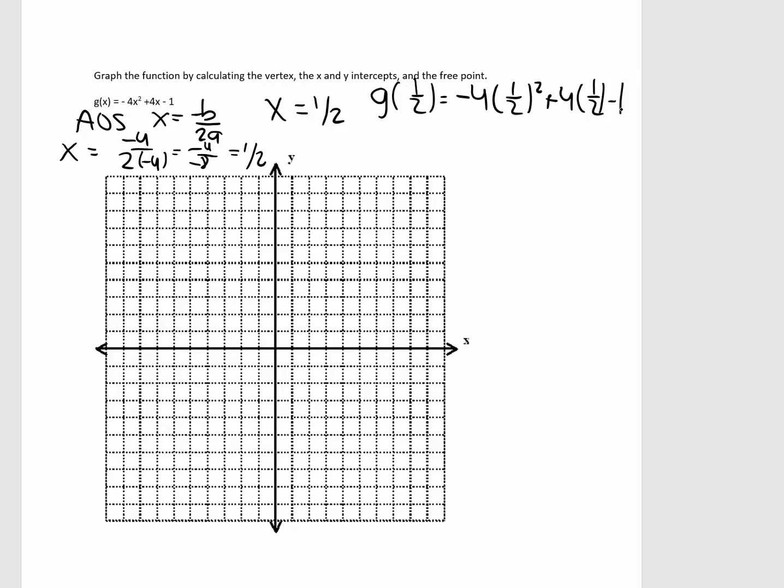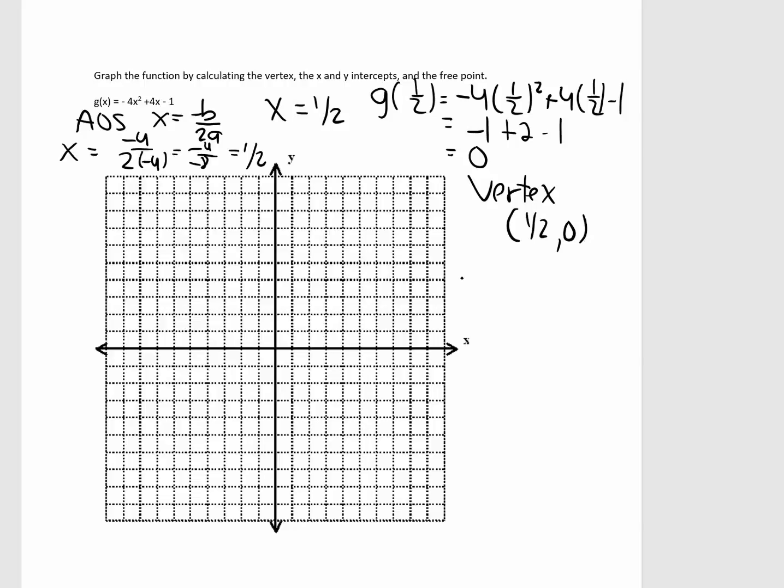When I simplify, I get this. So we get 0. So then the vertex is 1/2 comma 0.